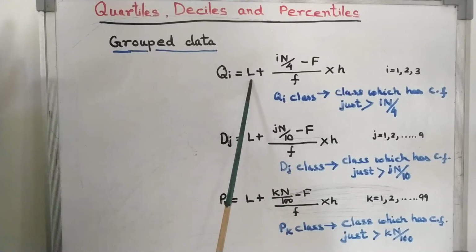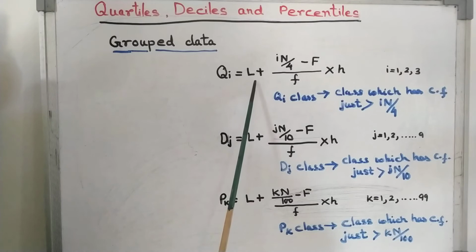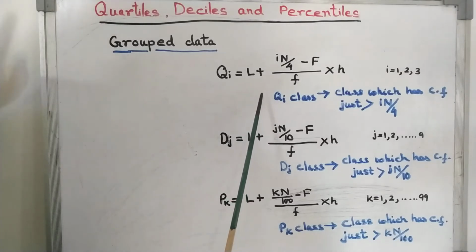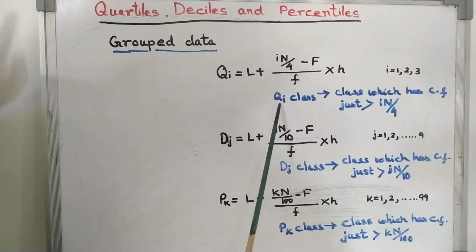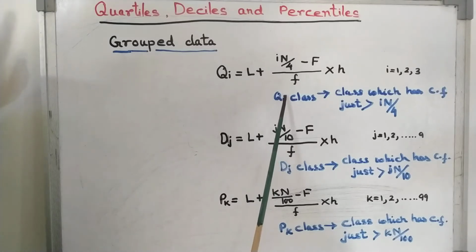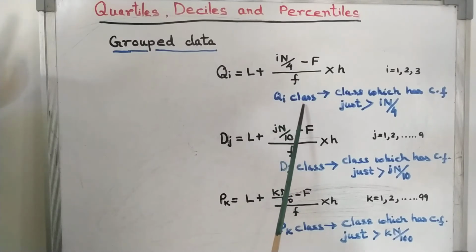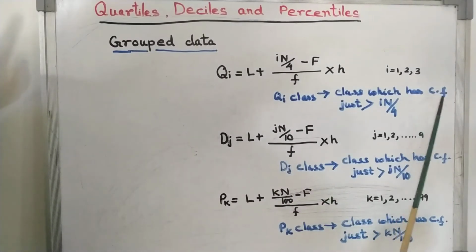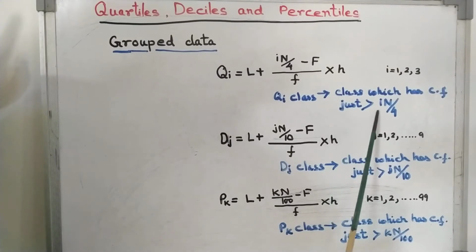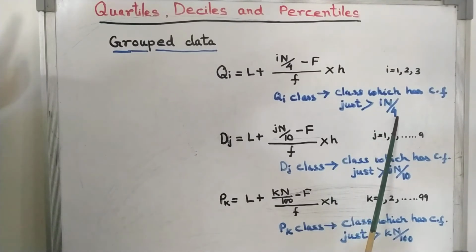This L is the lower limit of the quartile class, so first we need to find the quartile class. Let's learn how to find the quartile class. Whatever the value of i, accordingly, if it is Q1, the Q1 class is the class which has cumulative frequency just greater than i n by 4. So we need to evaluate this.